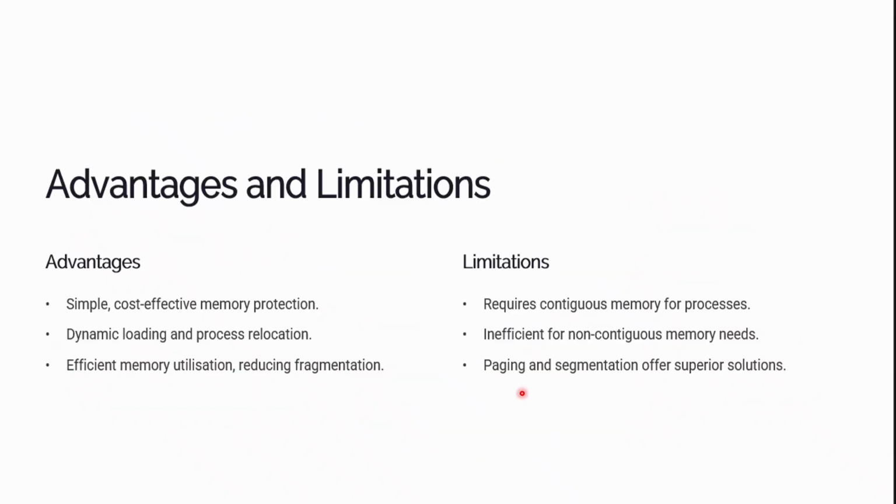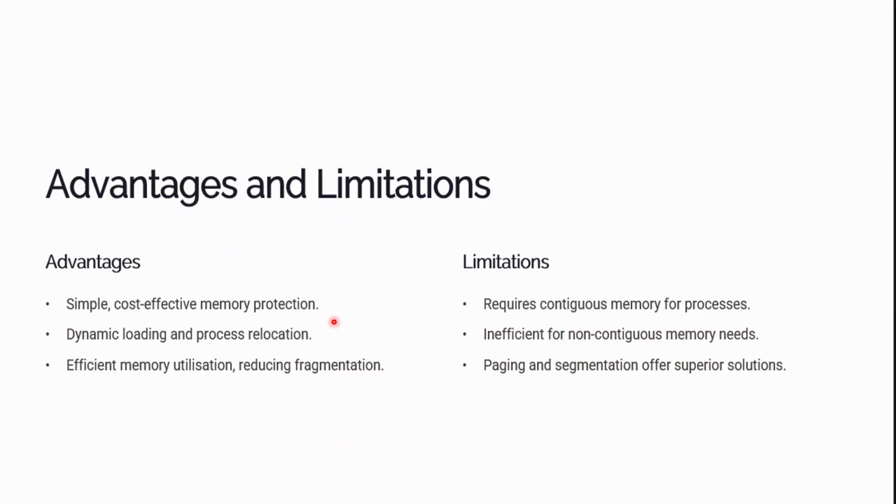let's now weigh the advantages and limitations of using base, limit, and relocation registers. So what are the advantages of using them? Since it is simple to implement and cost effective, we can implement it easily and it is not very costly.